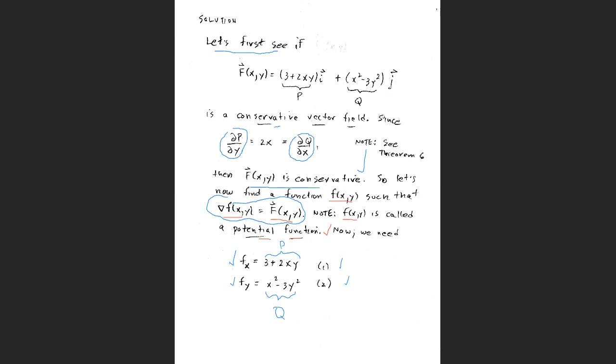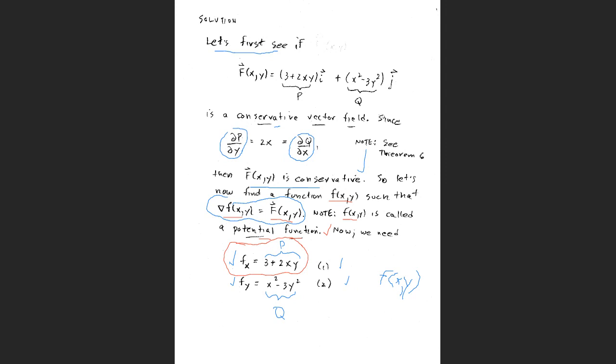So, of course, we're interested in the function. We're not interested in the partial derivatives. We're interested in the function f of x y, right? So if I look at the first equation here, how can I learn about my function f from its partial derivative?